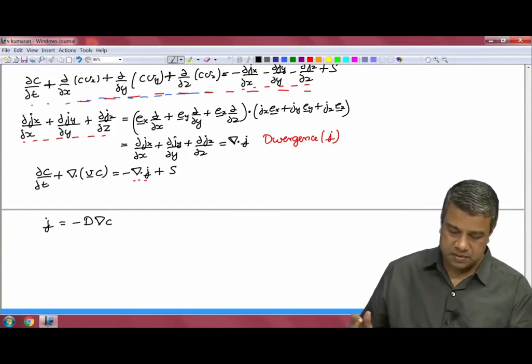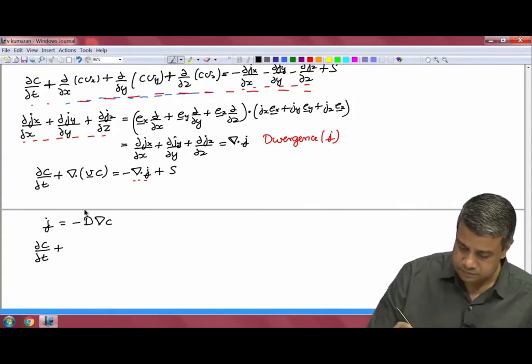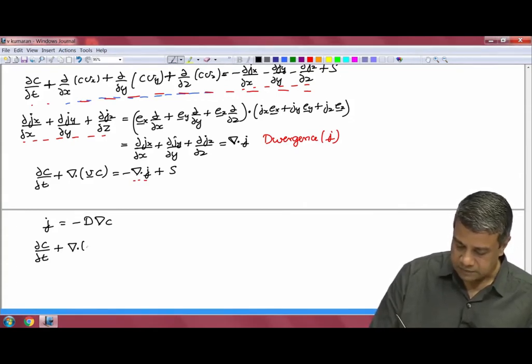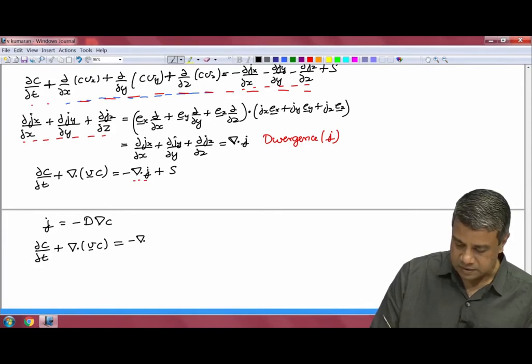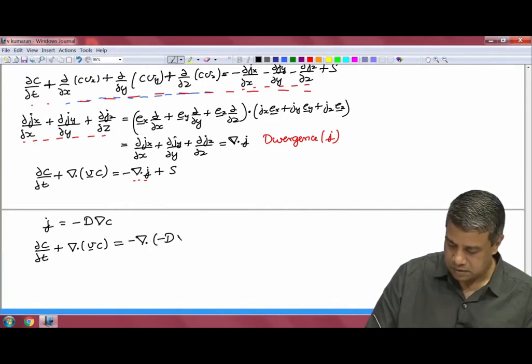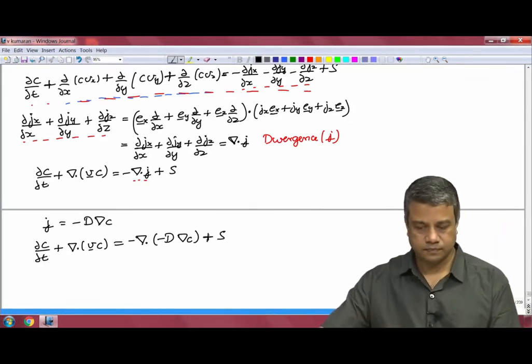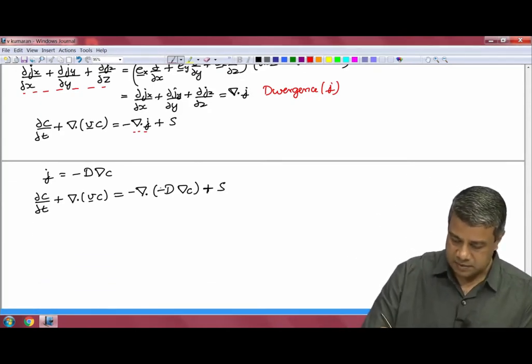So, substituting these into the conservation equation, I get partial c by partial t plus the divergence of V times the concentration is equal to minus the divergence of minus D gradient of C plus the source term. And of course, this minus and minus will give me a plus.